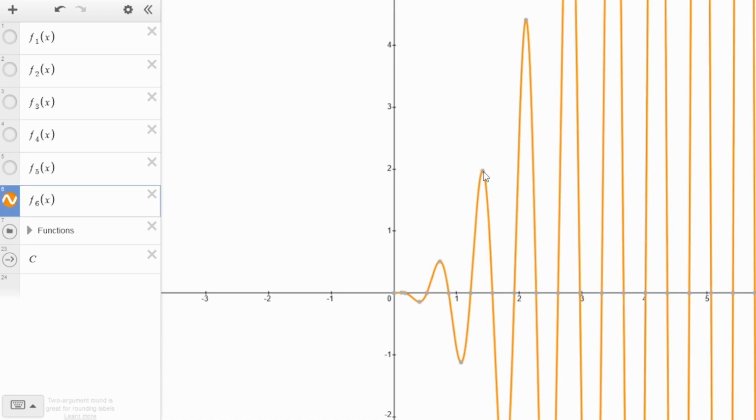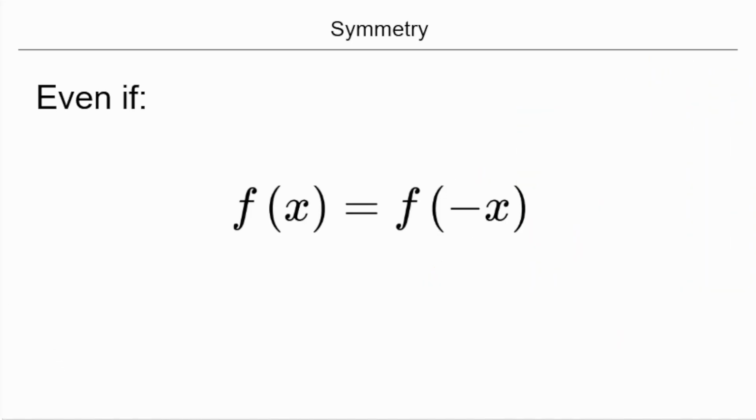So if this function is 1.974 at x equals 1.414, then at minus 1.414, it must also be the same thing, 1.974. So from what we've seen, a function is even if f of x is the same thing as f of minus x.